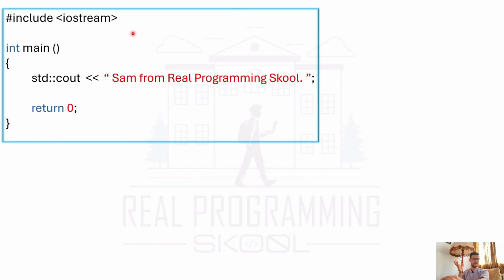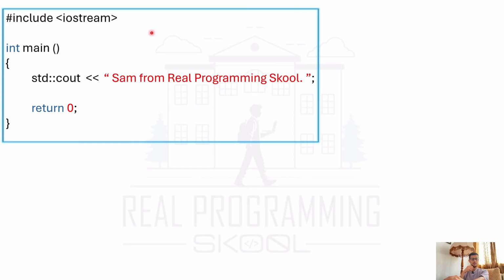iostream is a library. As we said in the previous course, we have a lot of ready libraries, a lot of tools. This is one of the ready libraries. It's called iostream. So when we write hashtag include angle bracket iostream angle bracket, we let the compiler go and bring us this iostream library to use what is inside it.